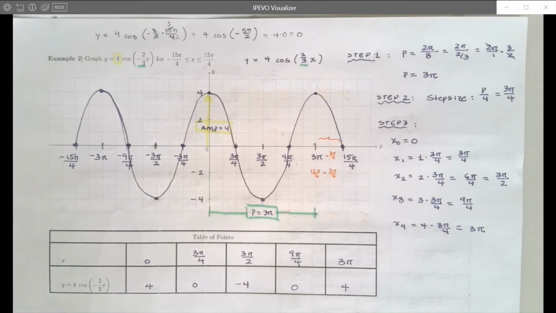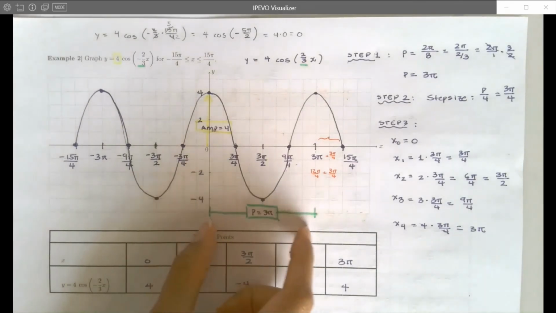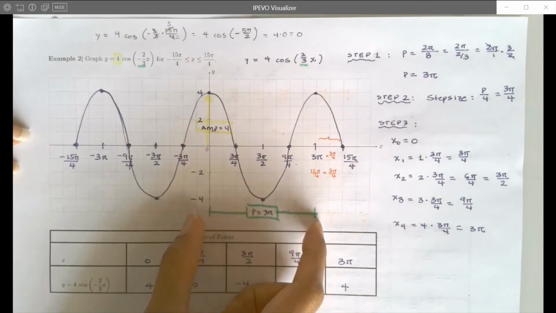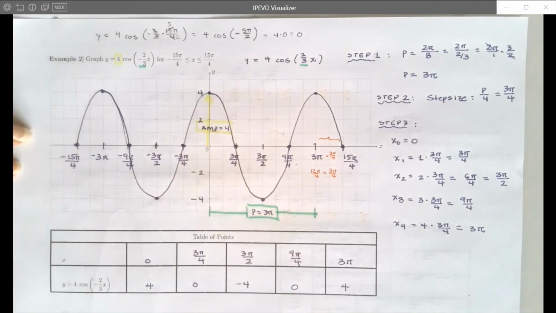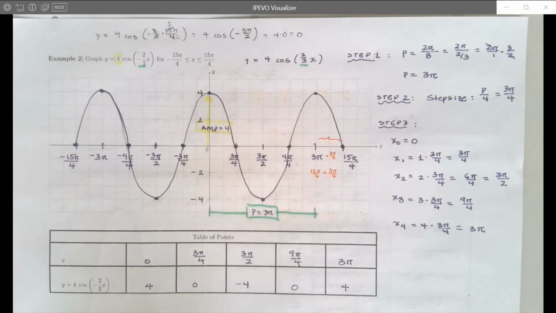So what that means is that you're going to have to take a little bit longer. You're going to have to take more than 2 pi radians in order to see the full cycle, meaning the period has to extend. And that's exactly what's happening here. We see the period extend beyond 2 pi into 3 pi. Okay, so all is in agreement.